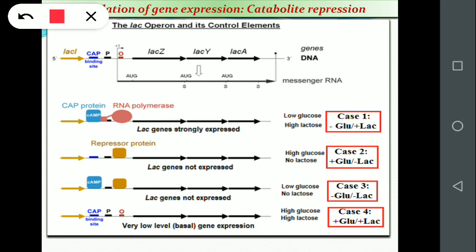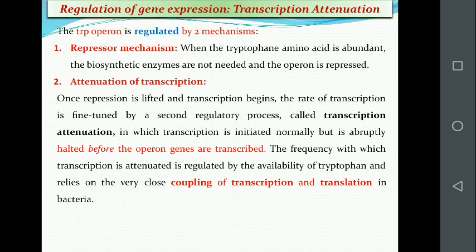Once the glucose levels go down and glucose is completely depleted, only then does it switch over to the lactose operon and start utilizing lactose by expressing the structural genes of the lactose operon. So this is the catabolite repression process. Okay, hope you understand well, and thank you all.